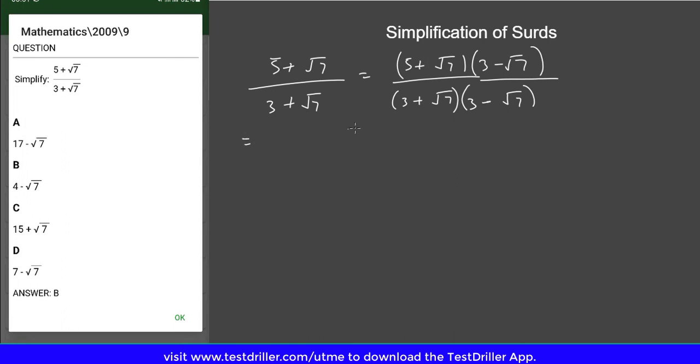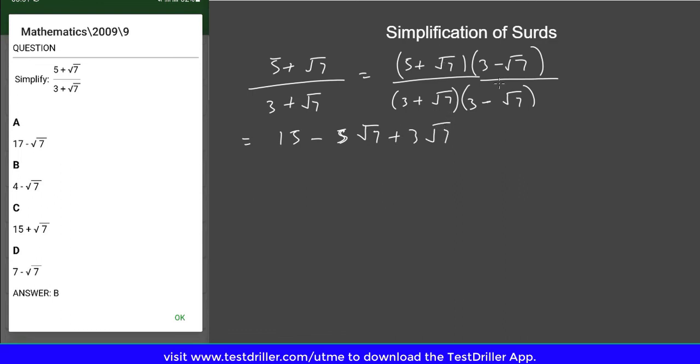Now we can expand. 3 times 5 gives 15. 3 times minus root 7 is minus 3 root 7. Then root 7 times 5 gives plus 5 root 7.